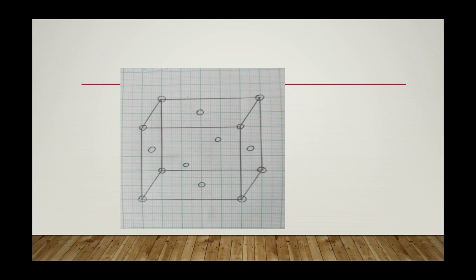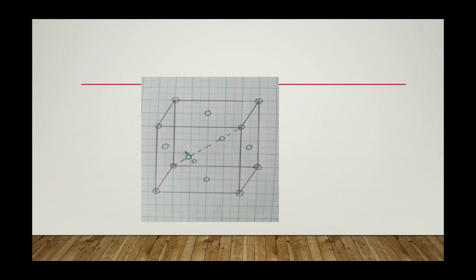It has additional atoms. We place additional atoms at the body diagonals. So let us identify the body diagonals. One body diagonal is emerging from here, and on each body diagonal the atom is at either 1/4 or 3/4 of the location. Here you can see the body diagonal emerging from here to here.